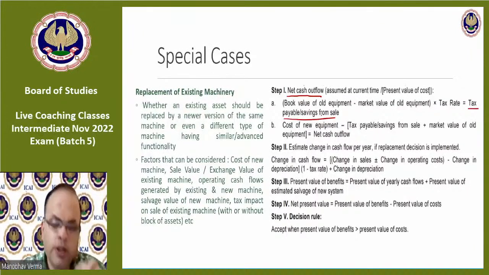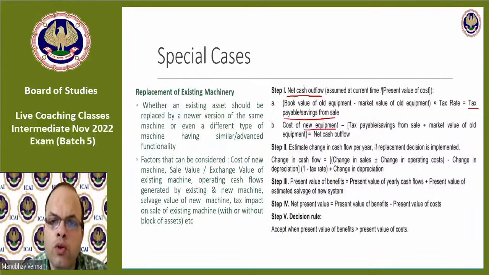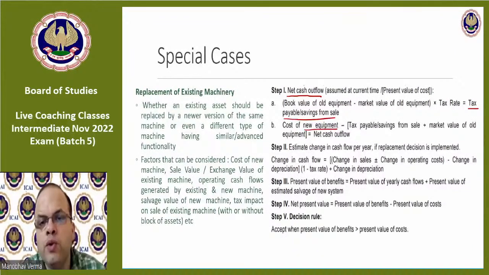And I hope you agree with me that it is tax payable when it is a gain, tax saving when it is a loss. And then there is a cost of new equipment also, right? So if we net off the cost of the new equipment with the tax, either we add the tax payment or we reduce the tax saving, we get the net cash outflow.